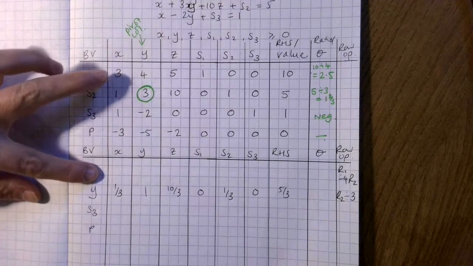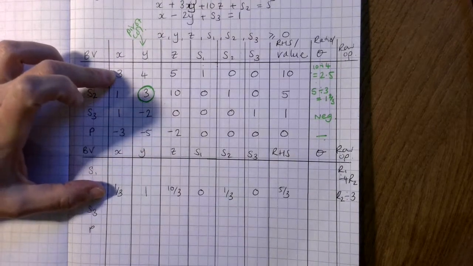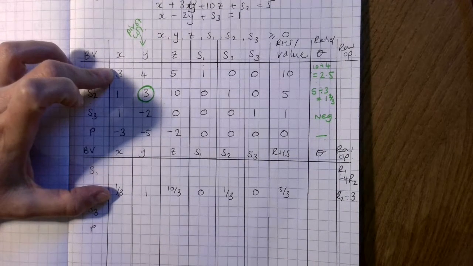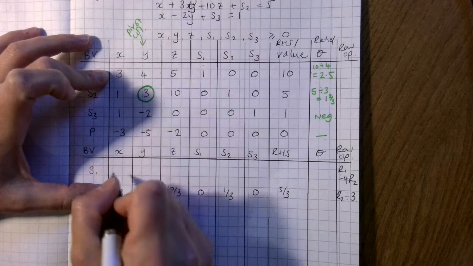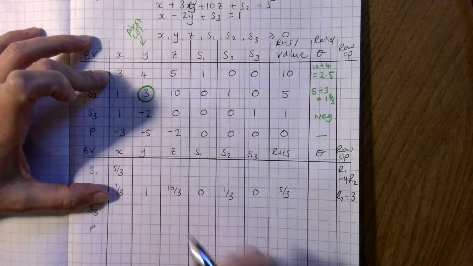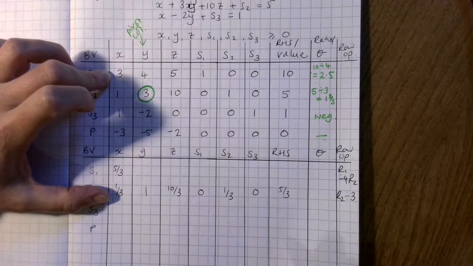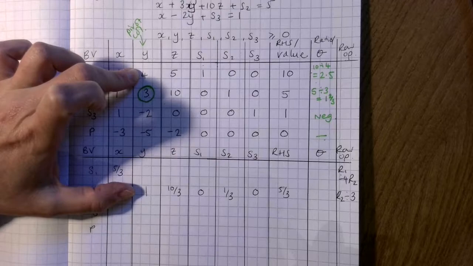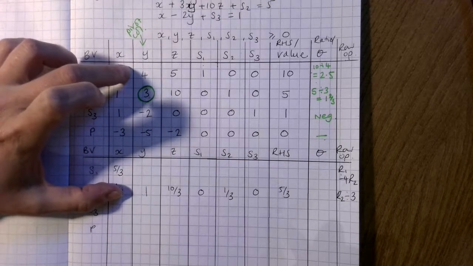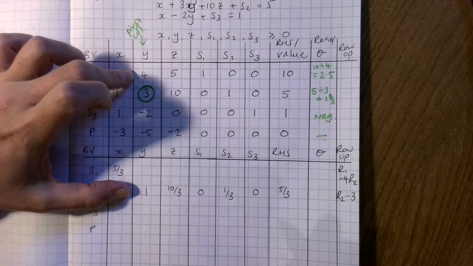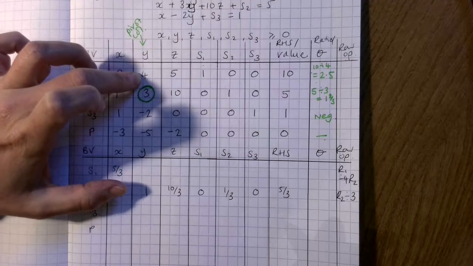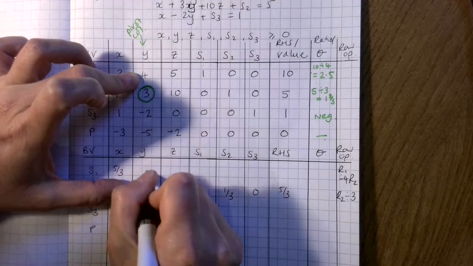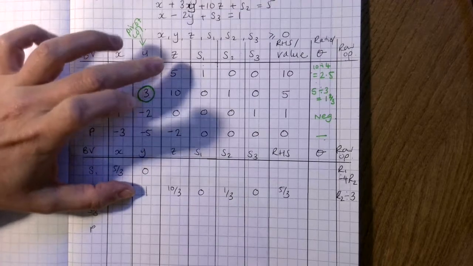Okay, so 3 take away 4 lots of 1/3 is 5/3. There's a high chance I might get something wrong here. 4, take away, hang on. Yeah, no, that was right. I think I might have said it wrong, but I did it right. 4 take away 4 lots of 1 is 0, so that's the whole aim of this.